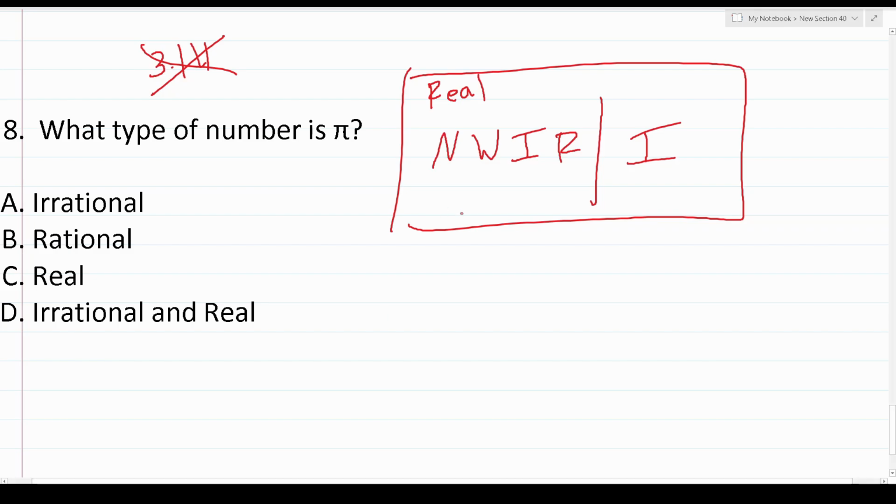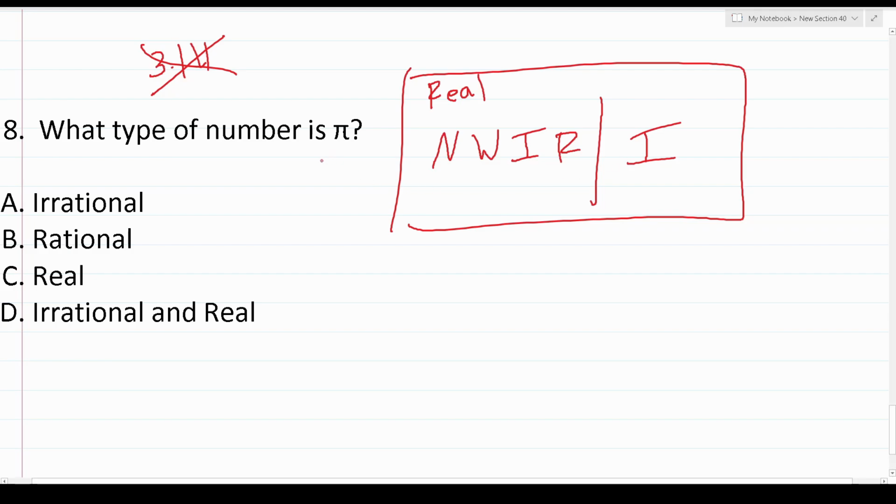So let's go through these again real quickly. Natural numbers: 1, 2, 3, 4, 5, 6, and so on. Whole numbers: 0, 1, 2, 3, 4, 5, 6, and so on. Integers: negatives, 0, and natural numbers, so -5, -4, -3, -2, -1, 0, 1, 2, 3, 4, 5, and so on. Rational numbers. A rational number is a terminating decimal, and terminating decimals can be expressed as fractions.